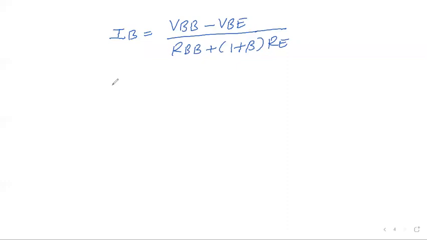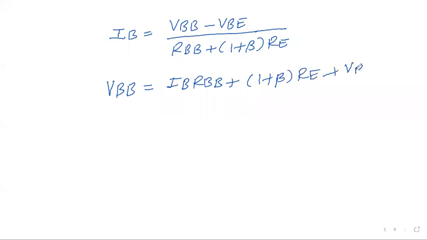You don't. So calculate VBB. How will you calculate VBB? Just simplify this equation. What will you get? VBB is equal to IB RBB plus 1 plus beta times RE plus VBE.